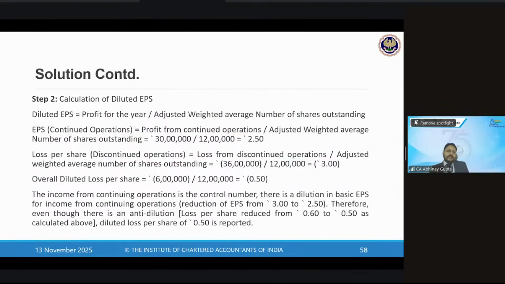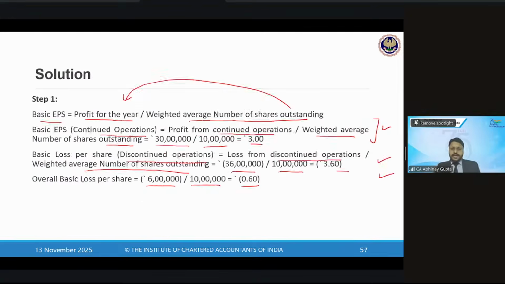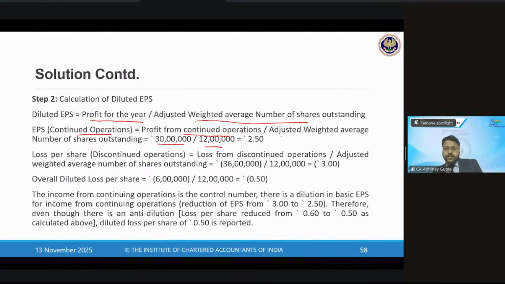Now, when calculating diluted EPS, profit for the year is divided by the adjusted weighted average number of shares. EPS from continued operations: profit from continued operations divided by adjusted weighted average number of shares. So 30 lakhs divided by 12 lakhs. The 2 lakh is the additional number of shares, with no change in my numerator because nothing is given in the question. So we assume no impact on the numerator, only the denominator is increased, and hence we adjust it. 2.5.